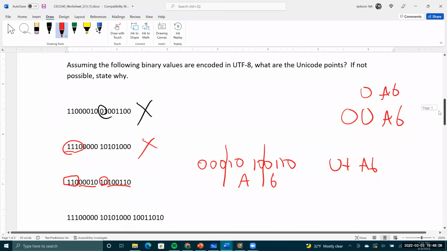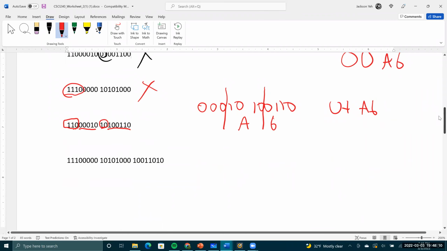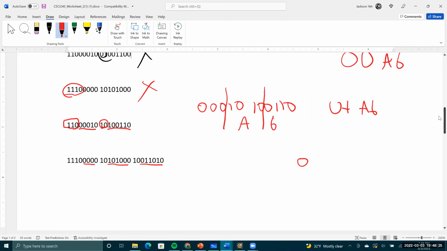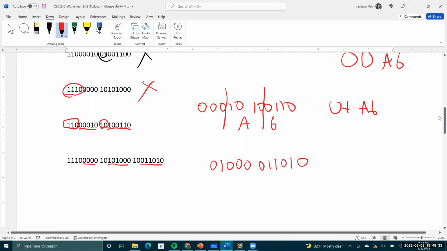All right, next. So is the next one valid UTF-8? Yes. Okay, let's see what the value is. I'm going to underline the ones that. So this is 0, 1, 0, 1, 1, 0, 0, 0, 0, 1, 0, 1, and then 0, 0, 0, 0.